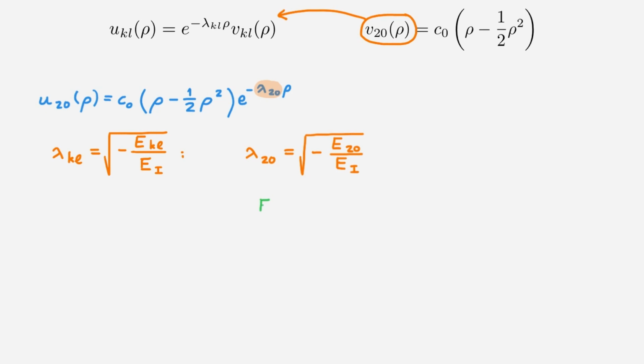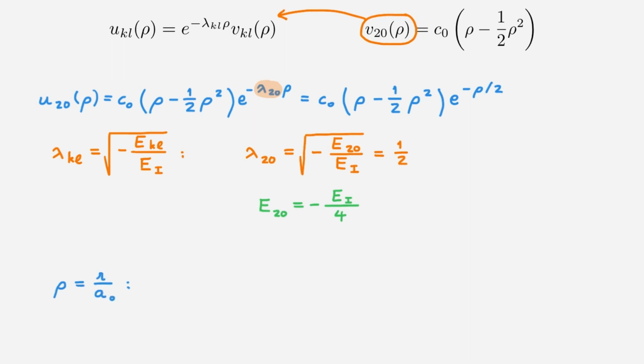Using the fact that the energy is equal to minus the ionization energy divided by 4, we get that lambda equals 1/2. And this implies that u is equal to C0 times this polynomial in rho times this exponential of minus rho over 2. At this point, we can go back from rho to r using this relation, and we can write the u function in terms of r as equal to this.